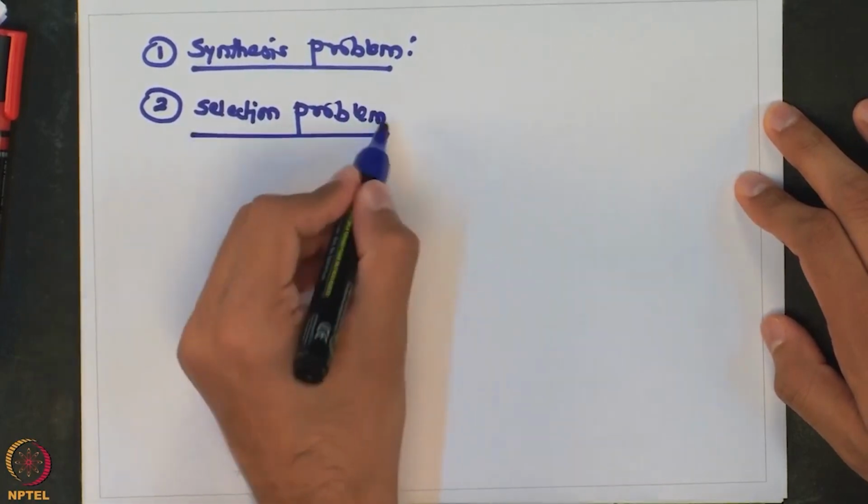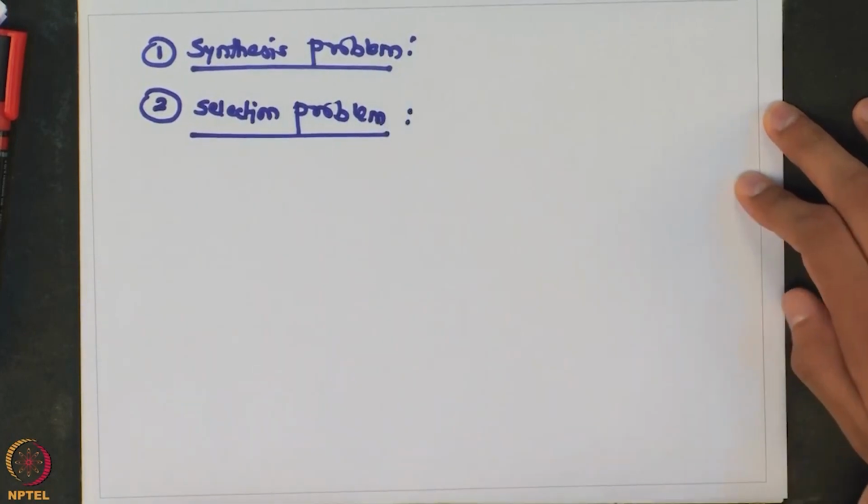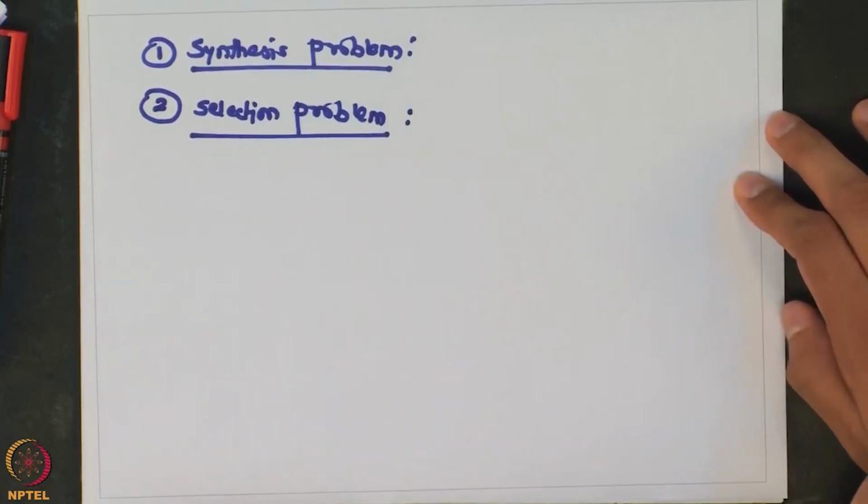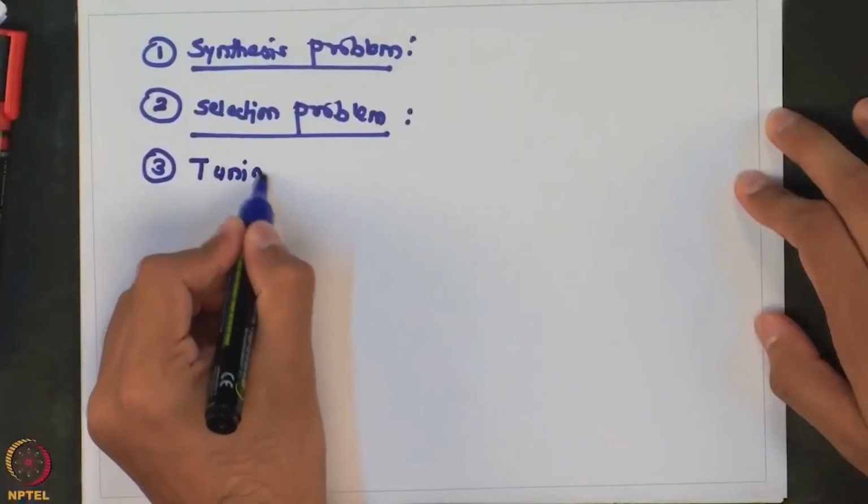In this problem, we look at the individual control loops and then try to identify, within our current context of linear controllers, whether that particular controller should be P controller, PI controller or a PID controller. And then the most important or more frequently encountered problem is known as a tuning problem.